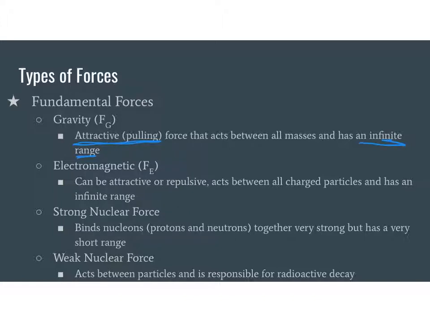Then we have the electromagnetic force. We'll look at the electrostatic, and then also magnetic. We'll separate these out later in the year, but they all basically come from the same place.